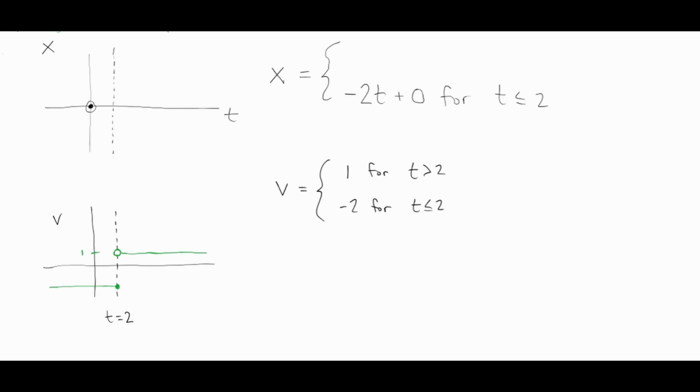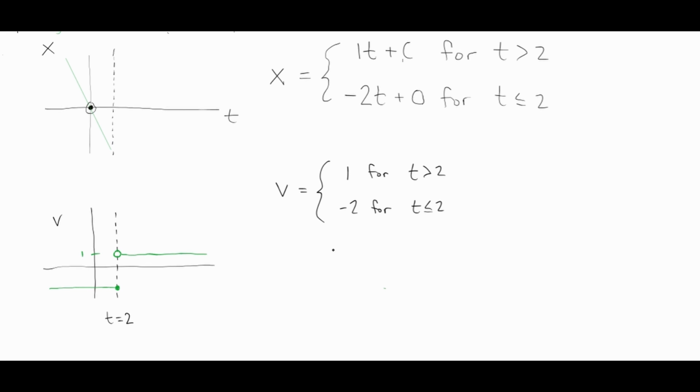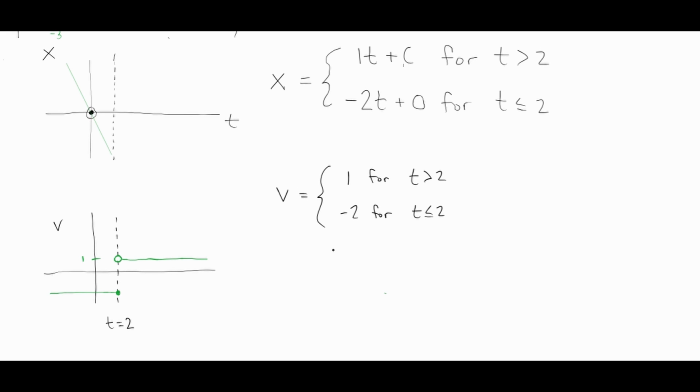We can then sketch our line, and after that we have a new formula. What do you think the new formula is going to be for when t is greater than 2? Okay, 1t I agree with totally, because this is a 1. It is the slope, so that is good. But then there has to be some constant here, and we have to think about what that constant really is. We need this formula to predict where our object is located. So we have to use a point where we know the line goes through.